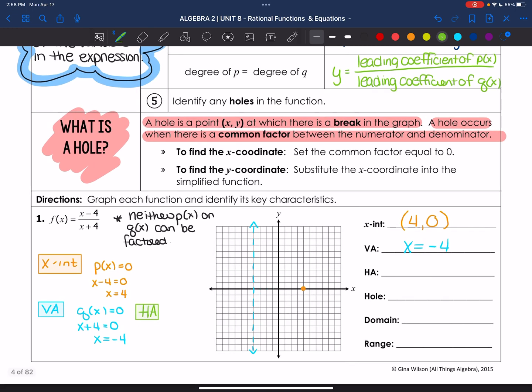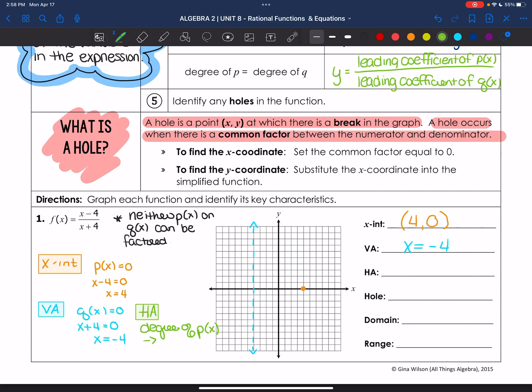Okay, so we need to know what is the degree of p of x. What's the degree of p of x, ladies and gentlemen? What is the degree of p of x?